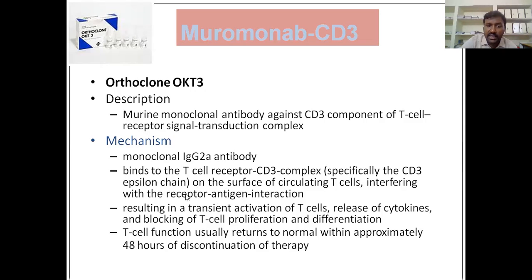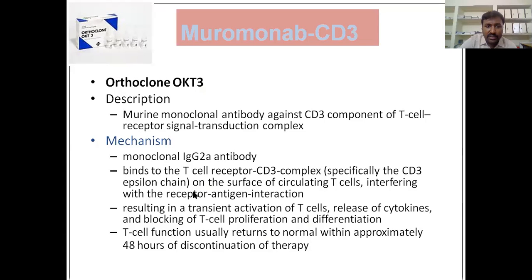So it inhibits the receptor antigen interaction. So the T cells are always maximally ready to bind to the antigens. Then after that binding, the T cells produce further action, either it will kill or so let's see what is happening.